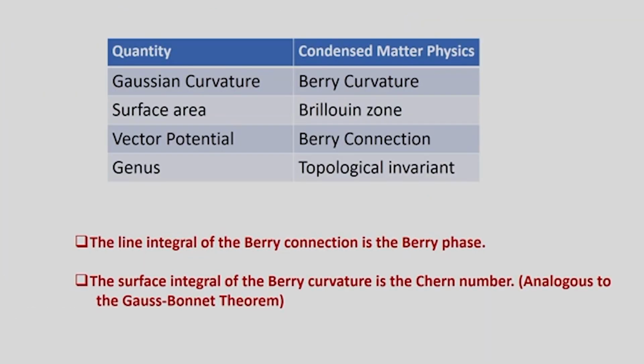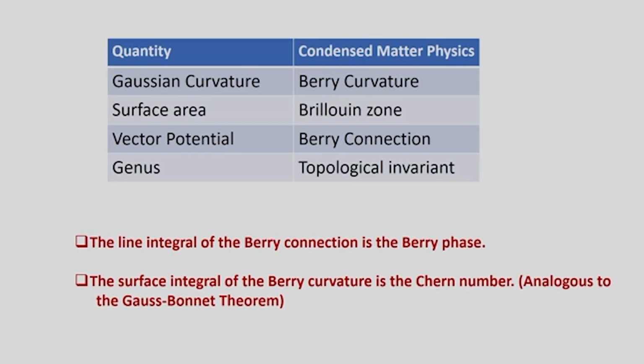Okay. The vector potential, as I said, is analogous to the Berry connection. The genus is the topological invariant, which can be Chern number or some other invariant according to the classification of topological insulators. So, the line integral of the Berry connection is called the Berry phase. We will write that in a moment, and the surface integral of the Berry curvature is called the Chern number, which is analogous to the Gauss-Bonnet theorem.